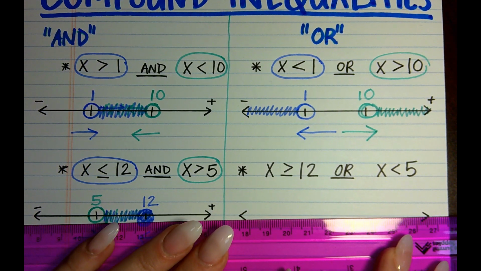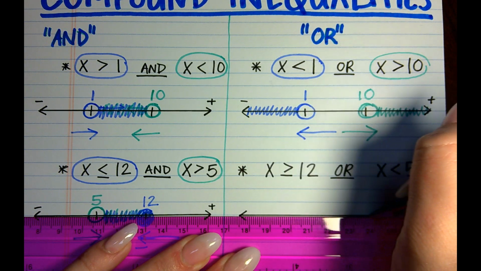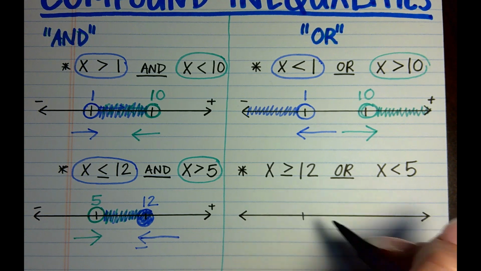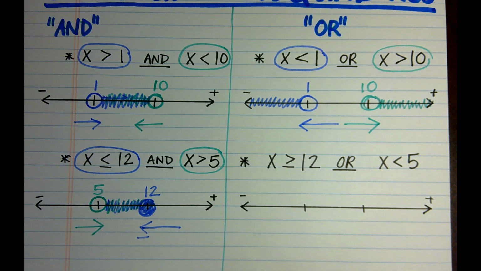One last. So for the second or inequality, which number goes on the line first? 5.